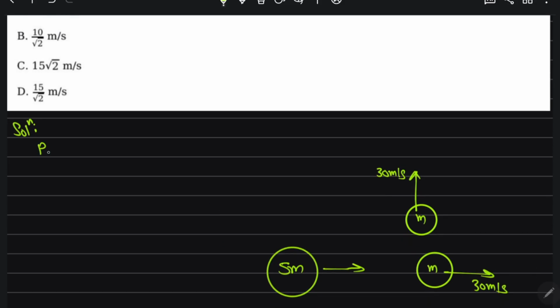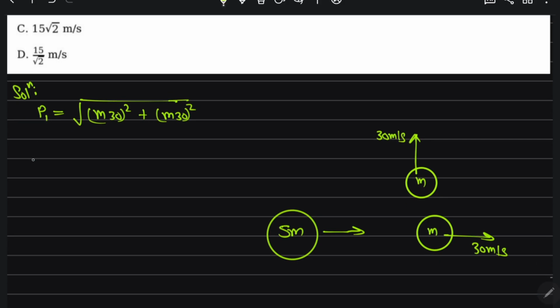So in this condition, what is the momentum coming? m·30 whole square plus m·30 whole square. So this P1 comes out to be 30 root 2 m.